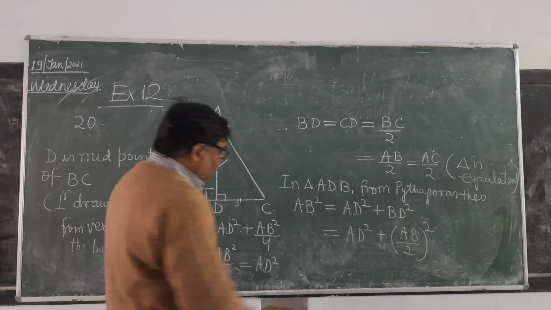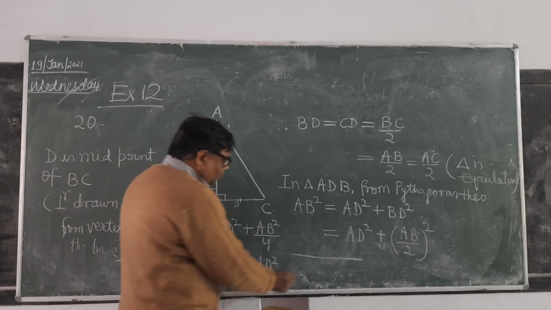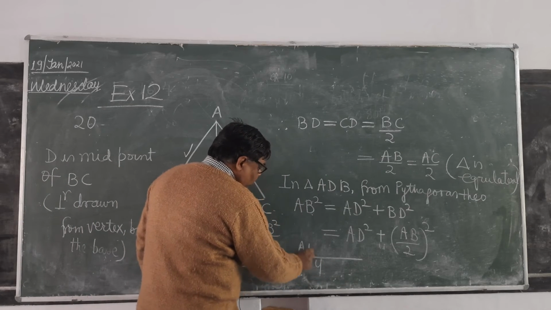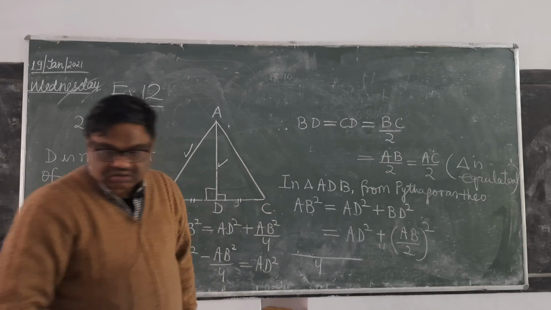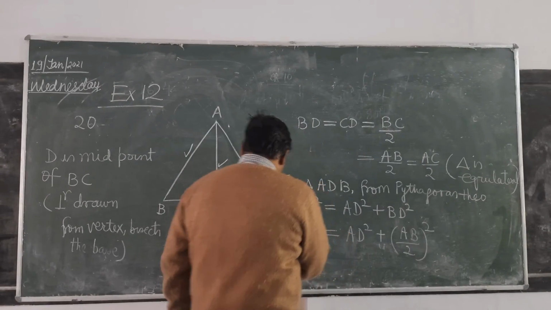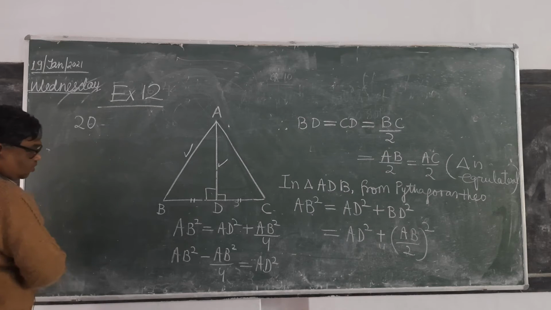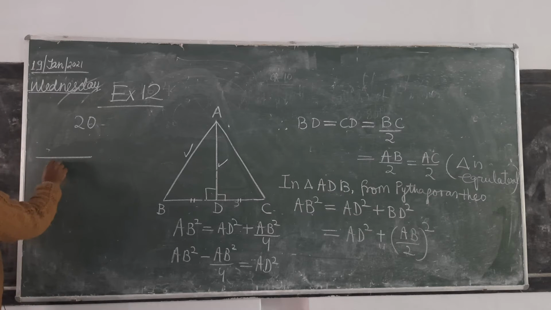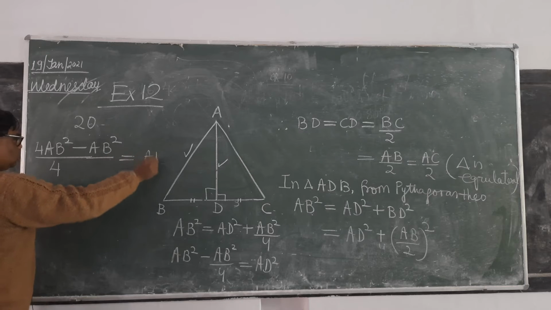You further simplify here. When you simplify, what will be the LCM here? The LCM will be 4. Here I am writing, take LCM: 4AB square minus AB square equals AD square.